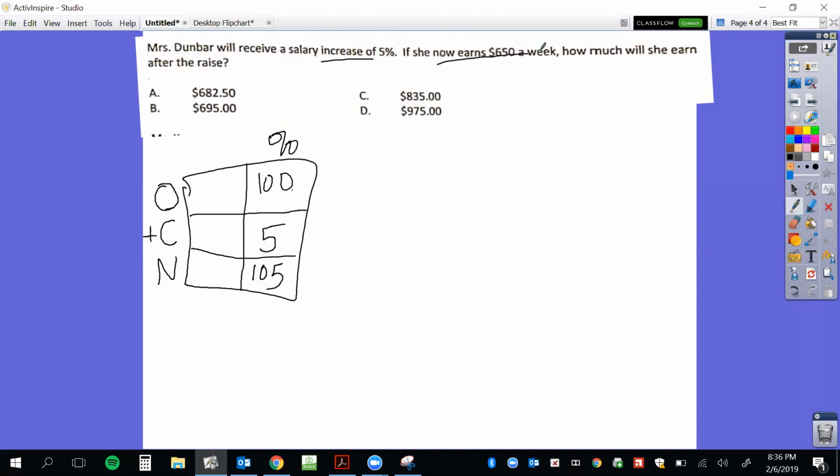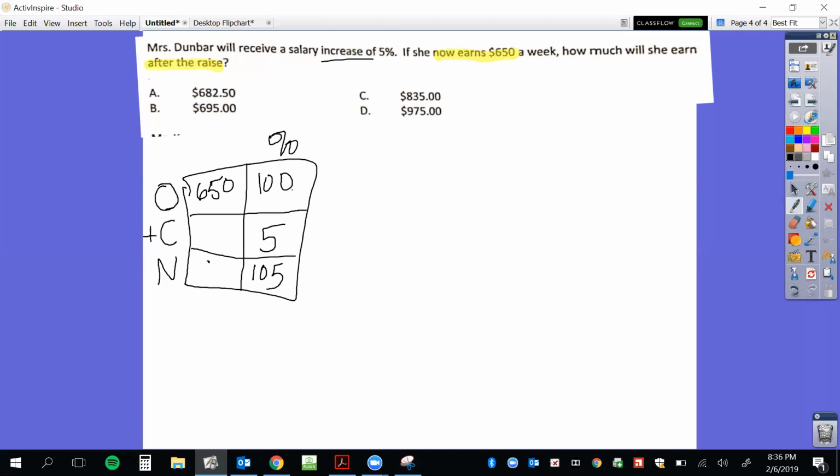It says she now earns $650 a week, how much will she earn after the raise? So that tells me that what she's earning now is my original amount, because I want to know the after. So now has to be the before. So I know now she's earning $650. And it's not asking how much her raise was, it's asking how much is her new amount.